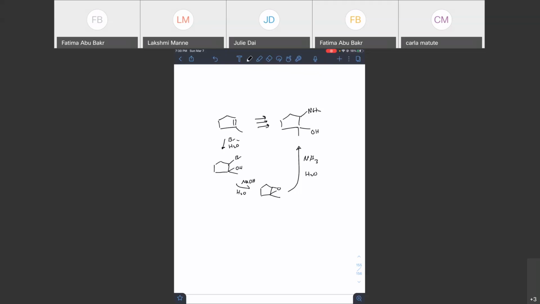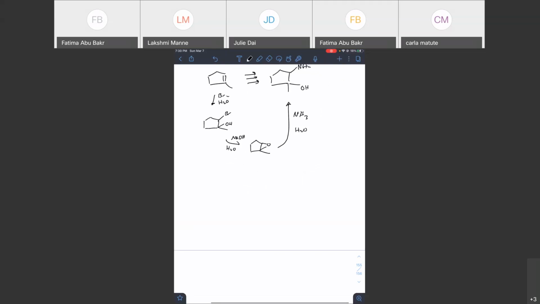Someone else also showed the other way of doing an epoxy, which is something that we knew from Orgo 1. This is totally acceptable if you want to use it on the exam, but the reason you have to know the step-by-step process is because that could be in the other portion.